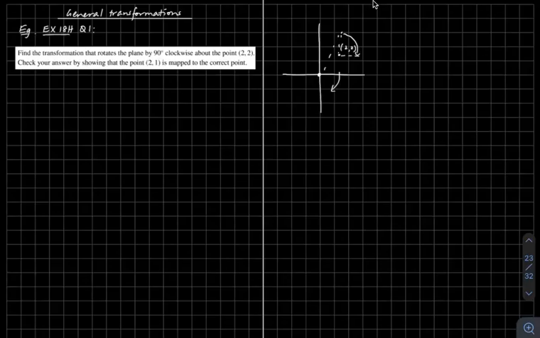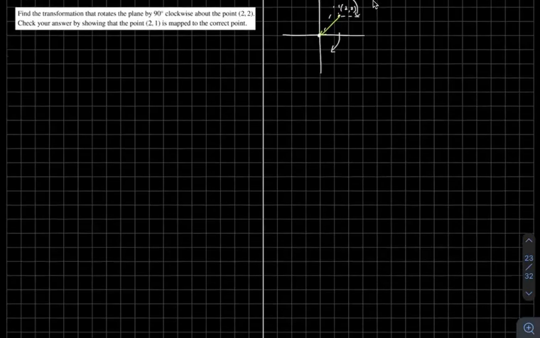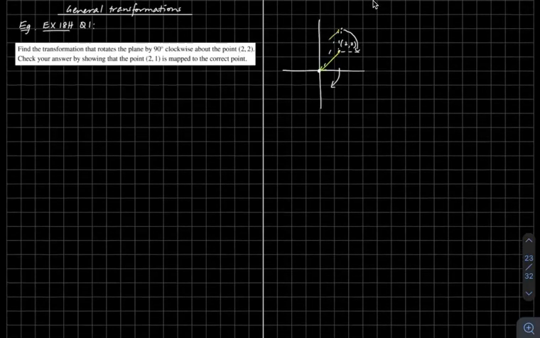Well, the way that we can approach it is to say, because we've got a matrix for rotation about the origin, why don't we shift or translate the whole plane such that the point with coordinates (2, 2) is now sitting at the origin. So I'm shifting every point in the plane, it doesn't matter where the points are, they're all being shifted by that same translation, which would shift the point (2, 2) to the origin.